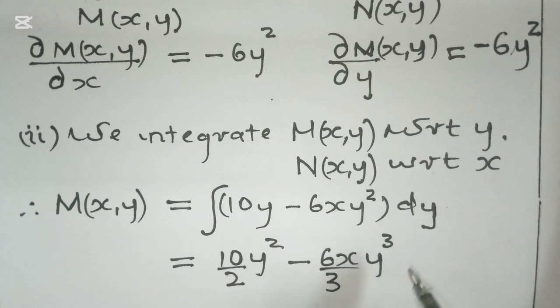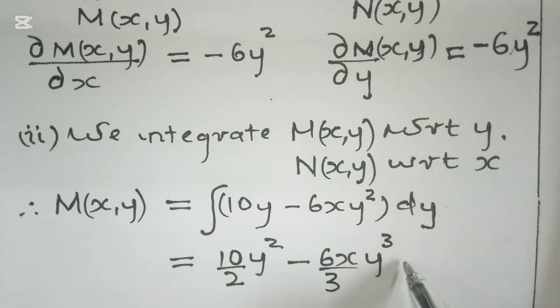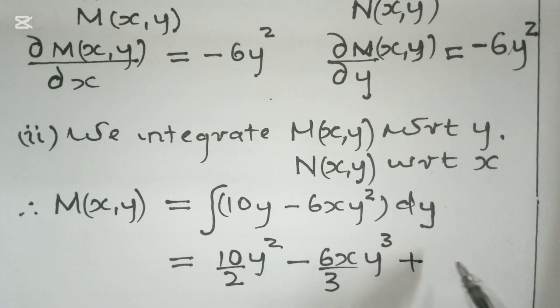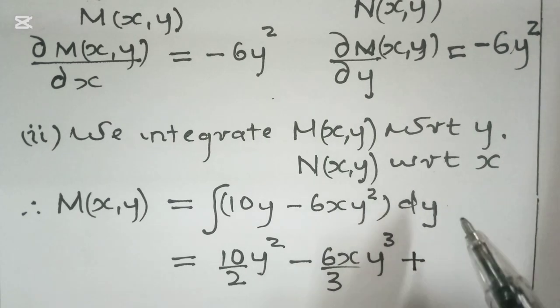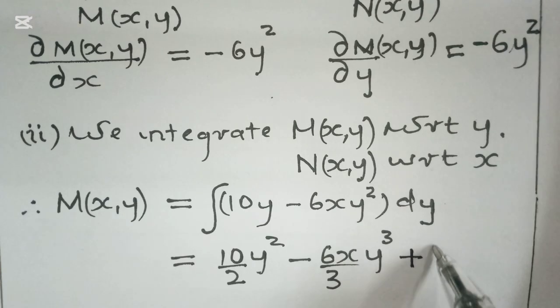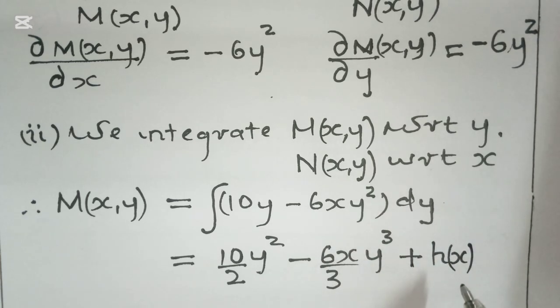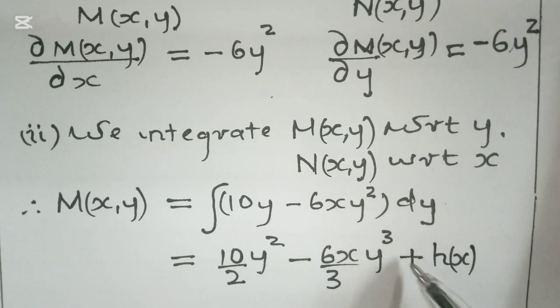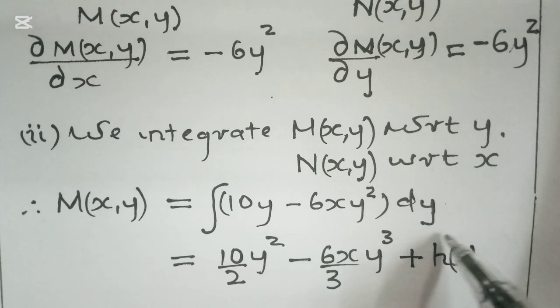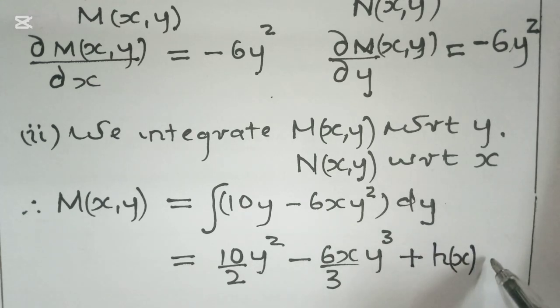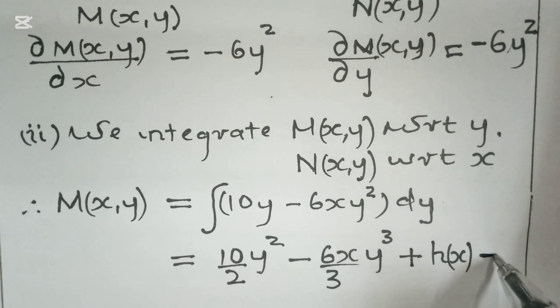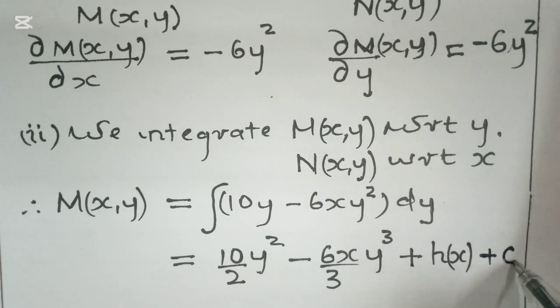And then, guys, after that we have plus a constant, and here the constant is a function of x, let me write h(x), like that. What I mean, guys, is that just like we usually have a constant after integration, we can have a constant of x, and we can also have the normal constant that we know of, c.